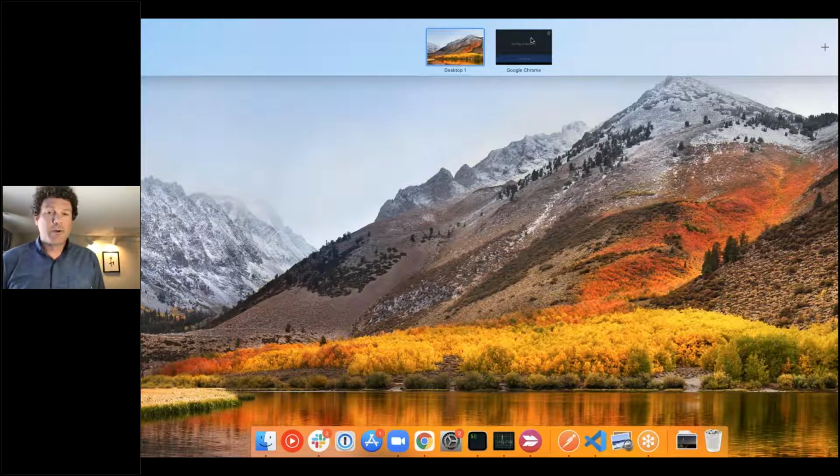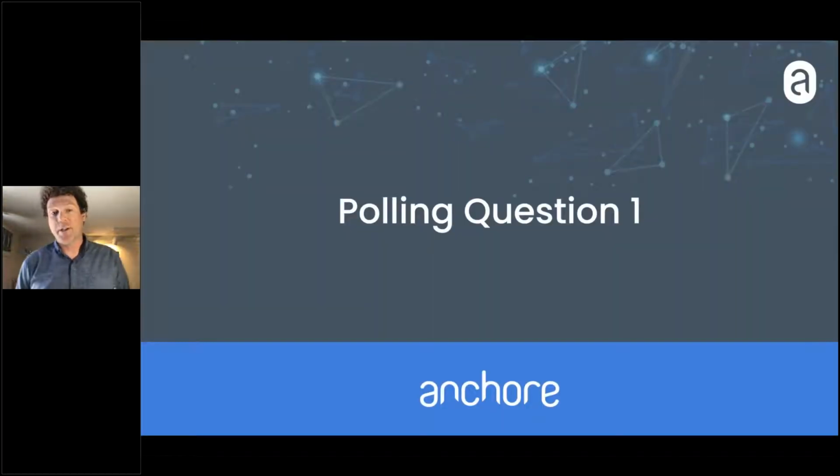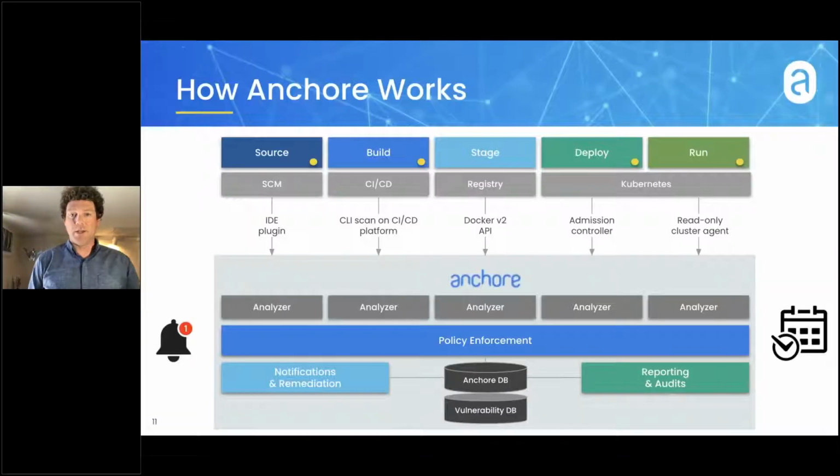All right, so we have logically staged the software development lifecycle really as a way for us to think about the tool chain and integrate with it. So, this is a bit more about how Anchore works. We're getting into the solution space a little bit. And leveraging APIs, leveraging agents, we are able to easily integrate with the various phases of your software development lifecycle.